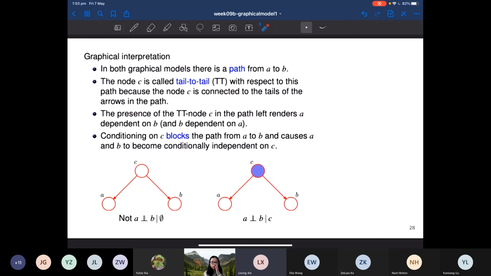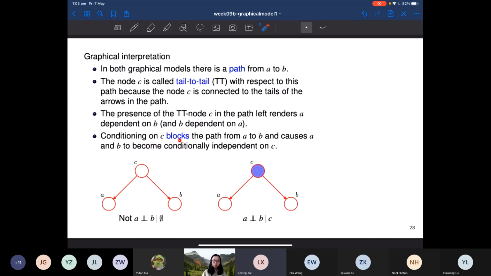So the presence of the tail-to-tail node C renders A and B dependent on each other, which intuitively makes sense because otherwise they would be completely disconnected and hence independent.